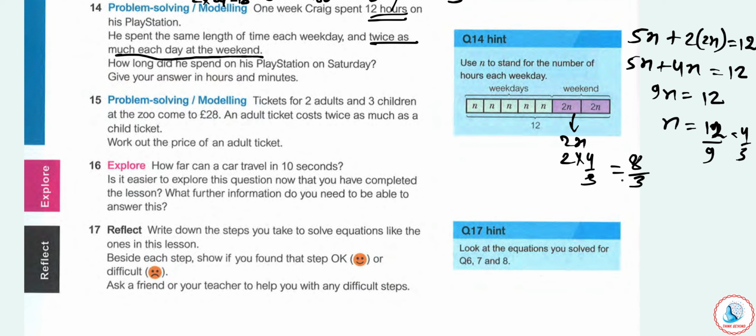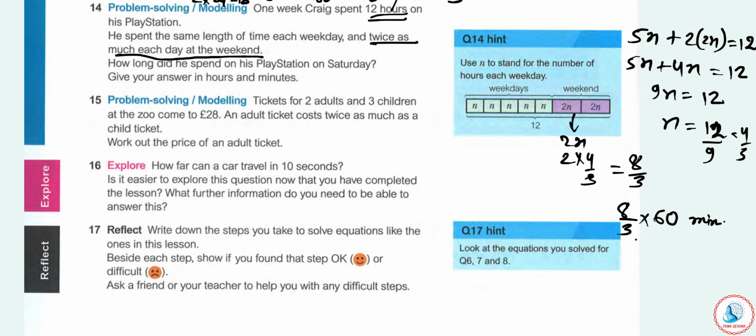Now convert hours to hours and minutes. All these answers are in hours, now we have to convert this. So 8 over 3 multiplied by 60, because in 1 hour we have 60 minutes.